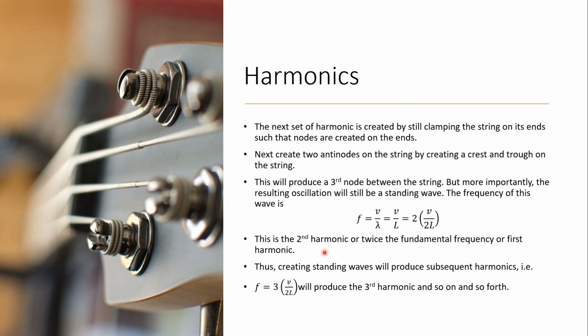So your second harmonic is twice your first harmonic, so 2 times v/2L, and your third harmonic is 3 times the first harmonic.